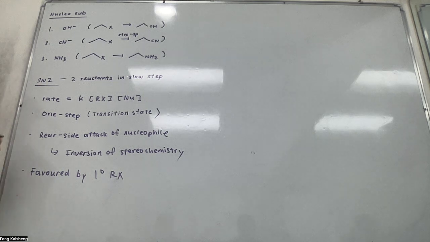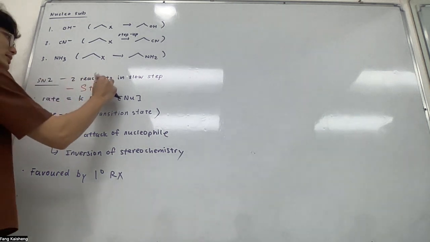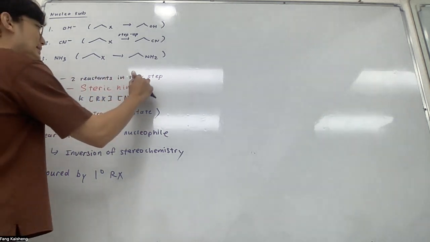But why does primary haloalkane favor SN2? For SN2, what's the factor you need to argue? Steric hindrance. We went through that in the table last lesson.